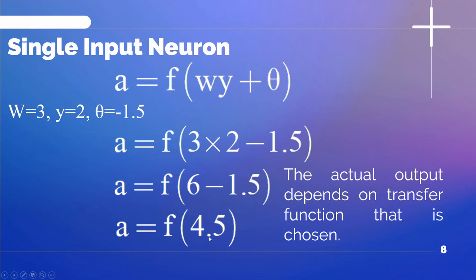To this value 4.5, we apply a transfer function, different types of transfer functions like linear transfer function, exponential, hard limit. We discuss all these transfer functions in our next videos. So we get a single value, represented by a, and this a is the output of the neural network. The actual output depends upon the transfer function.